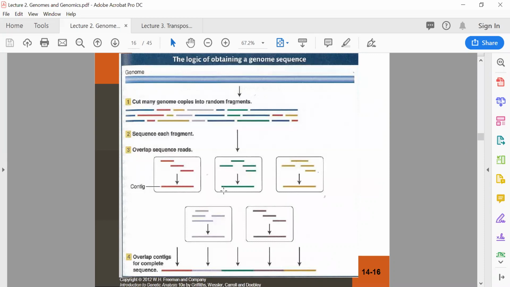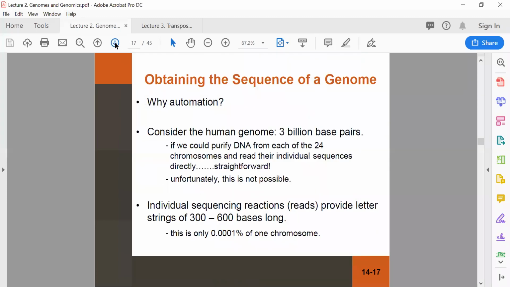Then the individual contigs are also compared, and where there are ends of those contigs that are exactly the same, they're also aligned with each other. Here we go. Also overlapped and aligned to produce a complete sequence. Now that's the general gist of obtaining a genome sequence.